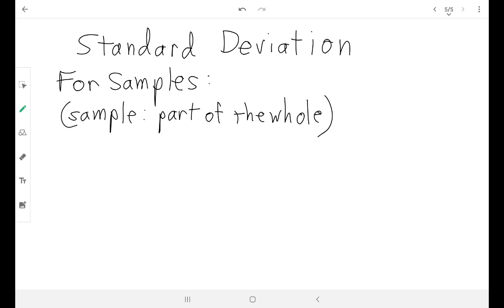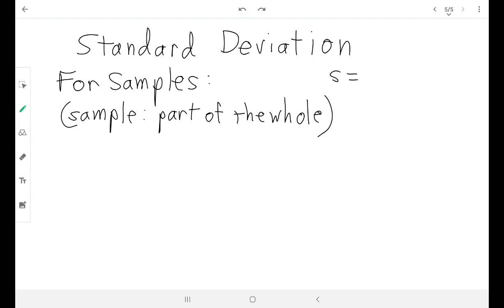And so when we just have a sample, first of all, we're going to use a lowercase s to calculate it. And the standard deviation will be this pretty big formula here. It's the square root of all this weird stuff here.